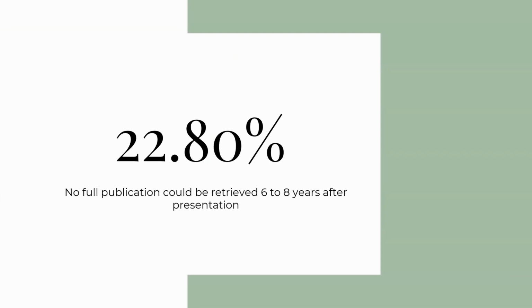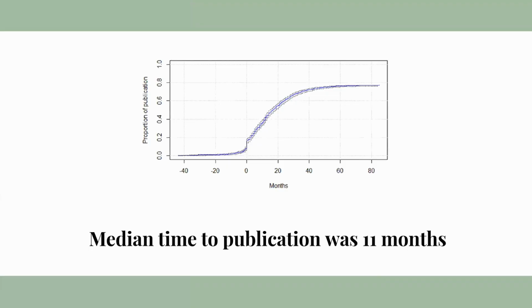Of those studies where we found a full publication, most were indeed published as a scientific publication in a scientific journal, and less than 20% were published in other publication formats, which are reports or websites or so. Less than 5% were published in a book or book chapter or in grey literature. All right, and in this sample, we found that the median time to publication was 11 months.